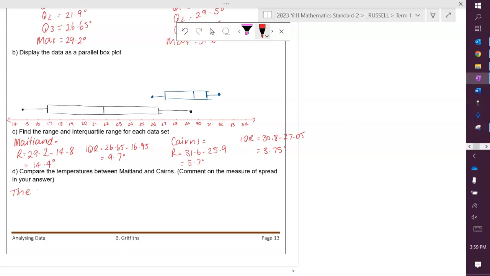So the range of temperatures in Maitland is 8.7 degrees more than that of Cairns.